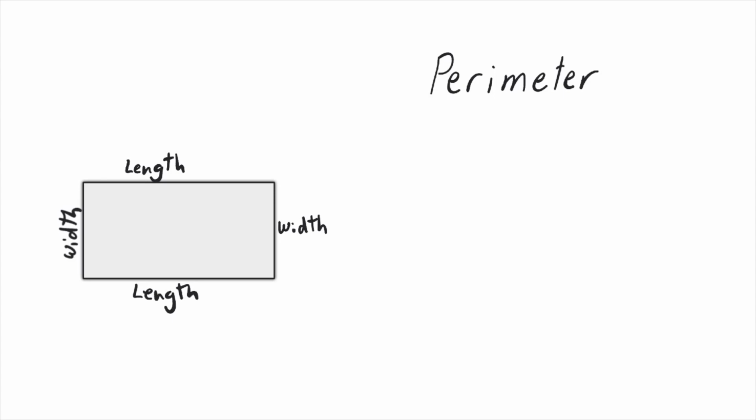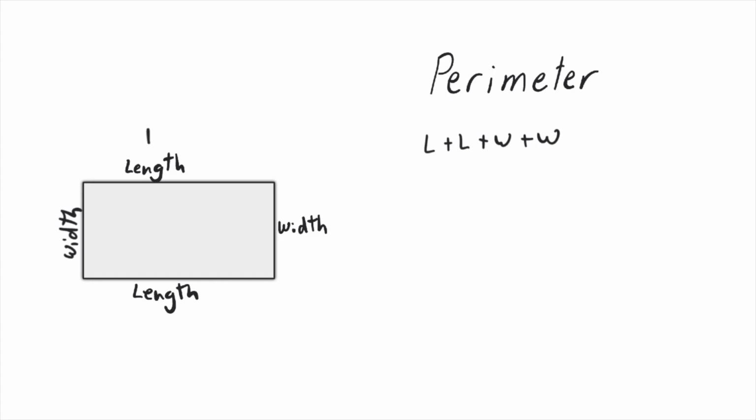Well, remember, perimeter, we want to find the sum total, the complete total of all the sides when we add them together. So we could say length plus length plus width plus width. And you know what? You'll get there if you use this formula.